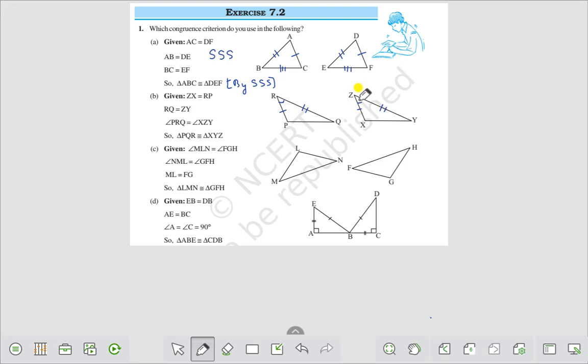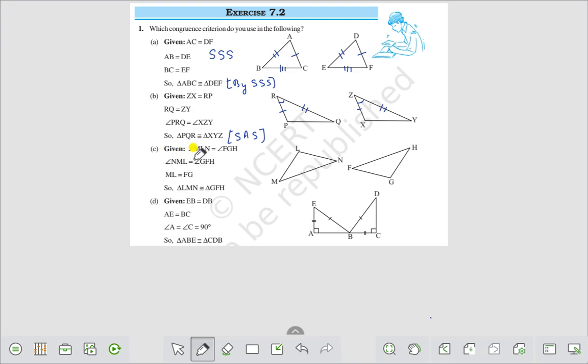Therefore, you can see here that it is side angle side. Therefore, triangle PQR is congruent to triangle XYZ by the side angle side congruent rule.